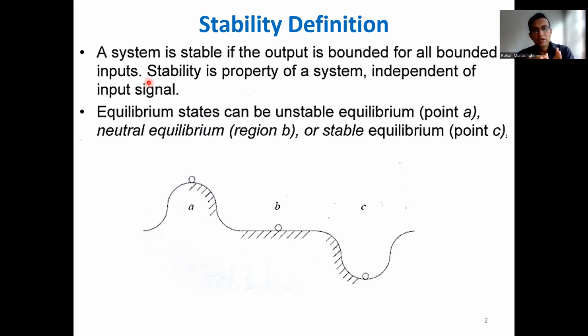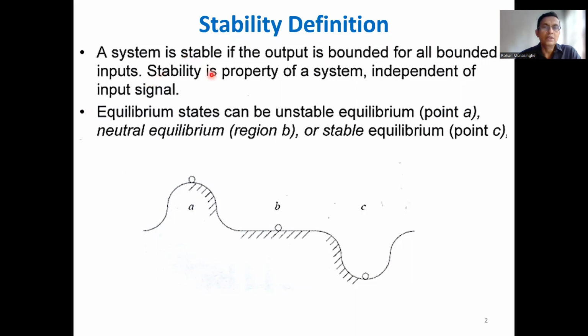When the output is bounded, it doesn't go up or down indefinitely. It goes to a certain level and stays there. That is what is called stability. It doesn't mean it doesn't move at all, right? Even if the state changes, if it finds another stable point somewhere and stays there, the system is stable.